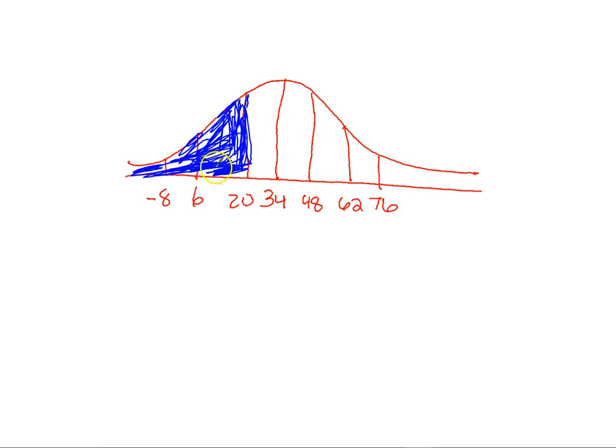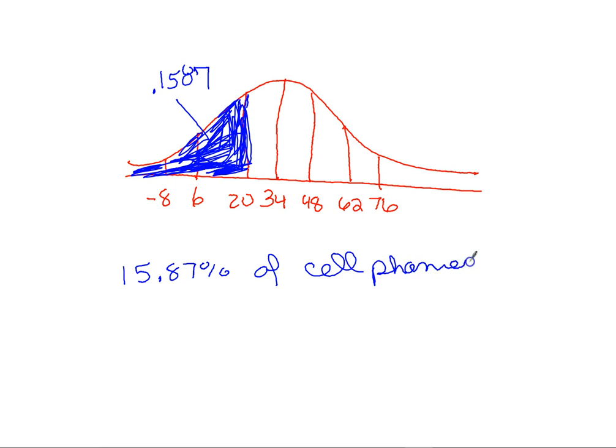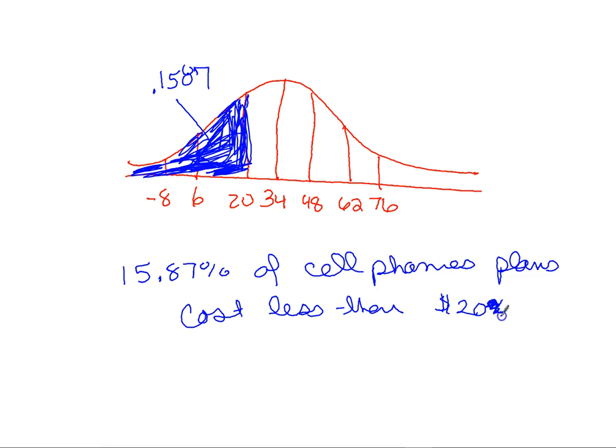And we say if the area under the curve, here's the curve, if the area under the curve is 0.1587, we can say that 15.87% of cell phone plans, and this is just the problem that I read to you earlier, cost less than $20. Less than $20. That's what we see here.